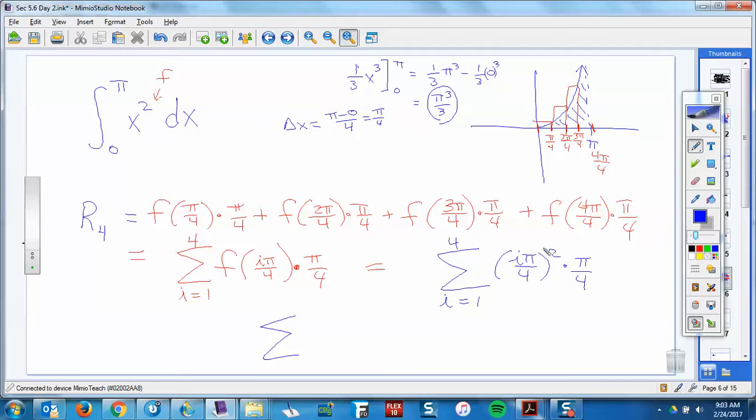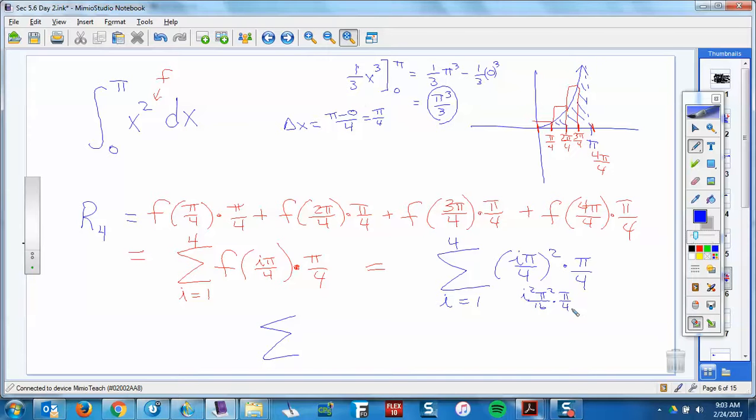So what would this be if we squared this right here? i squared pi squared over 16 times pi fourths. Now a bunch of that is just constants, right? So what's that going to be? That's going to be pi cubed over 64 and then an i squared.